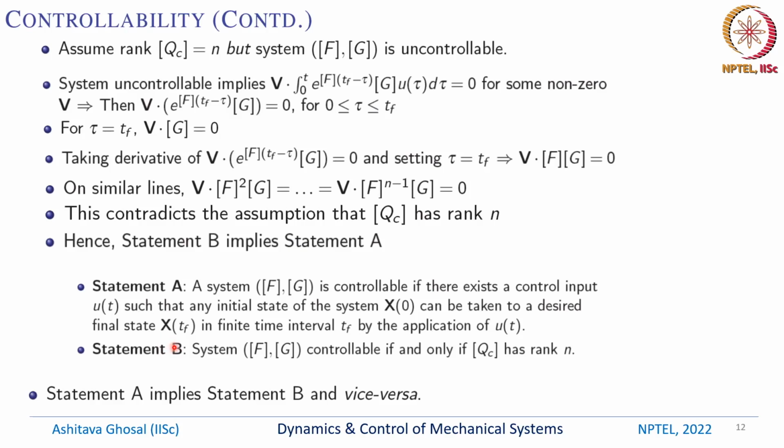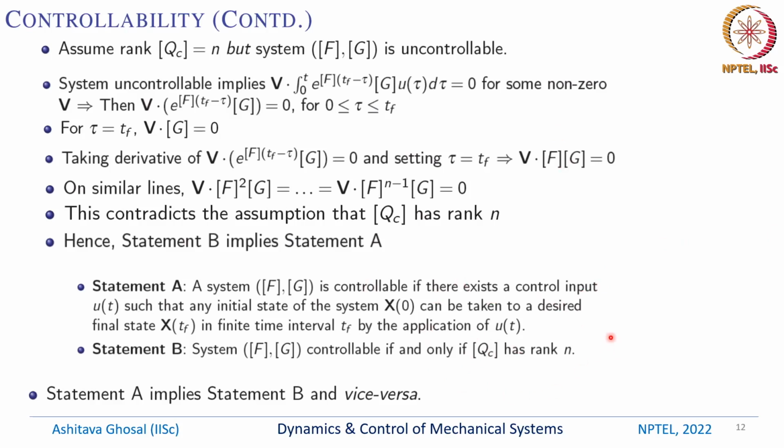It's a long proof, but it is important to realize that the very basic definition of controllability of a system f comma g is the same as something which is very easy to figure out. We can always find out what QC is. First column is G, second column is FG, and so on.